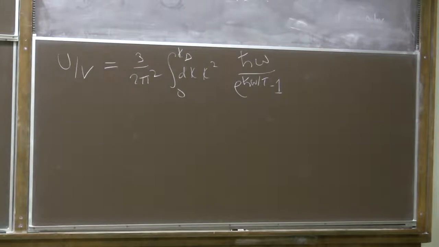And omega is related to k, just like for photons. Omega is equal to ck, except instead of c, it's v, the speed of sound.